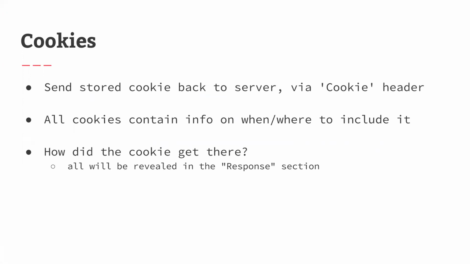I'm sort of using resource and path interchangeably. So if you have a cookie on your browser that is associated with this particular server and path, and it hasn't expired, and other conditions, then that cookie will be sent along as the value for the cookie header.